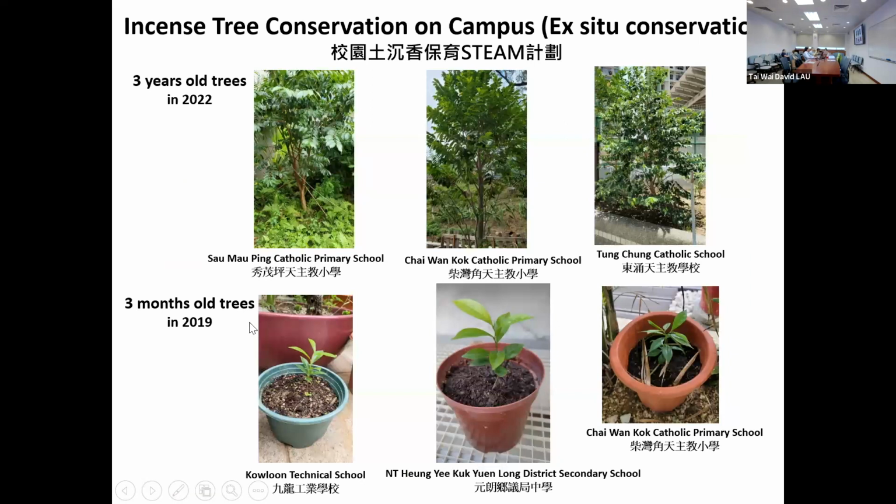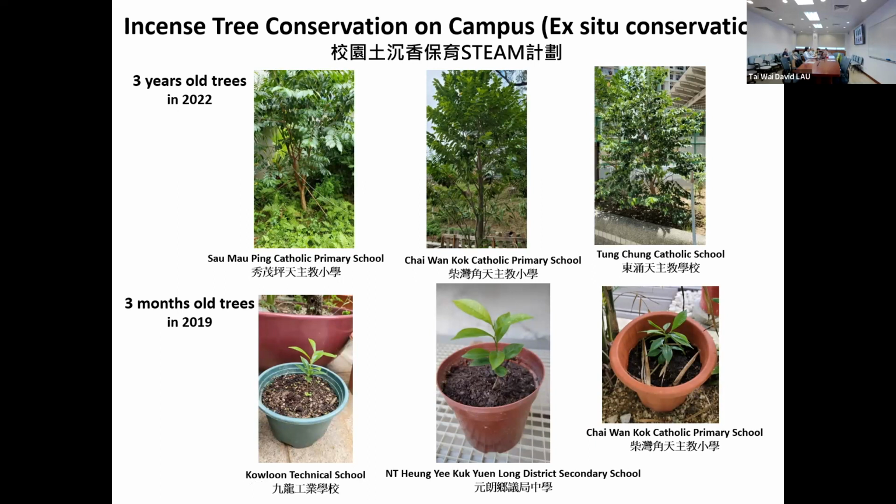It's very delighted to know that since 2019, at that time, the seedling was only 3 months old. After 3 years, they become a quite mature small tree. This year, 2023, our colleagues have visited all these trees. They are successfully giving fruit with viable seed, so that we collect seed and then transfer and donate to other schools in the same community.